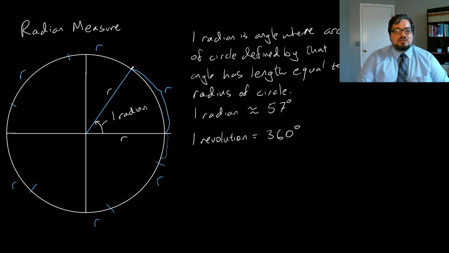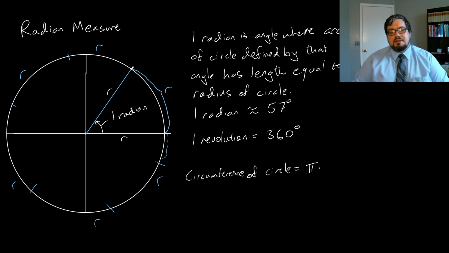But we can describe it by using our formula for the circumference of a circle. So we know that the circumference of the circle is pi times the diameter. That's in fact how pi is defined. Pi is 3.14, etc. And the diameter is equal to 2 times the radius.